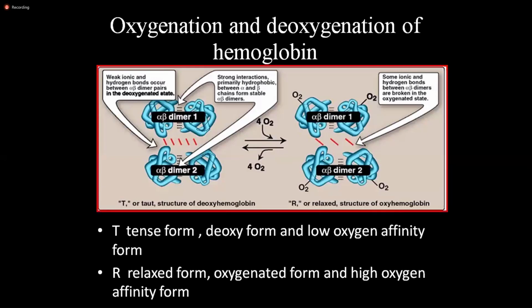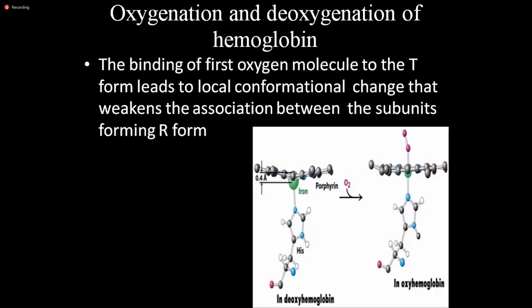This actually occurs in the lungs, where there is a high saturation of oxygen. The hemoglobin changes its structure due to the breakage of this ionic bond, and due to this conformational change, it increases the affinity towards oxygen. So the oxygen can bind easily with this hemoglobin, so that it can transfer oxygen from the lungs to the other tissues.